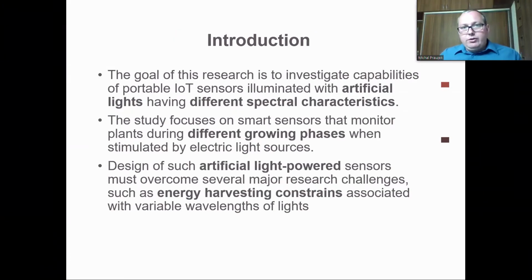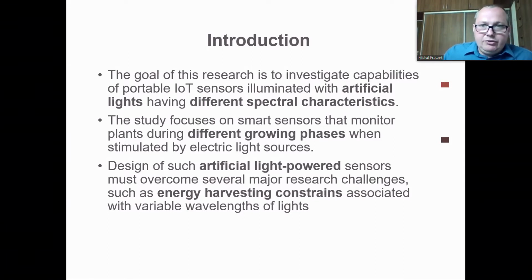So what is the point of this work? We want to build an energy harvesting sensor, which is equipped with a solar panel, but the light is not the sun; we are using artificial light.